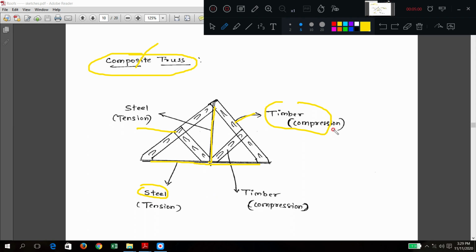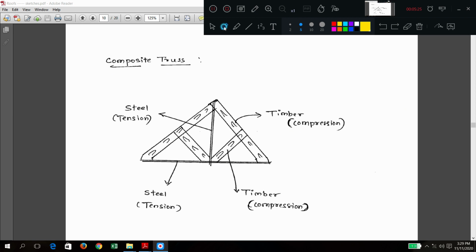Timber is good in compression, but in tension it is not good. Steel is good in both compression and tension, but steel is a little bit costly compared to timber. That is why wherever tension is there, those members are made of steel, and wherever compression is there, they can be made of timber.